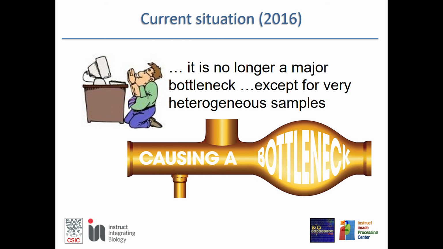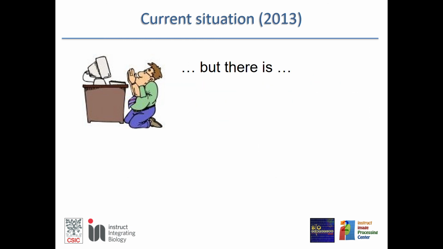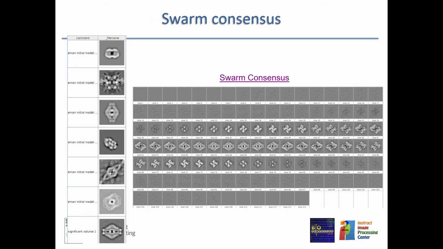The reason is that there are so many algorithms and so many ways to combine the output of the different algorithms. Not so many, but this kind of consensus, there are a couple of them. There are enough tools to solve this problem in a safe way.